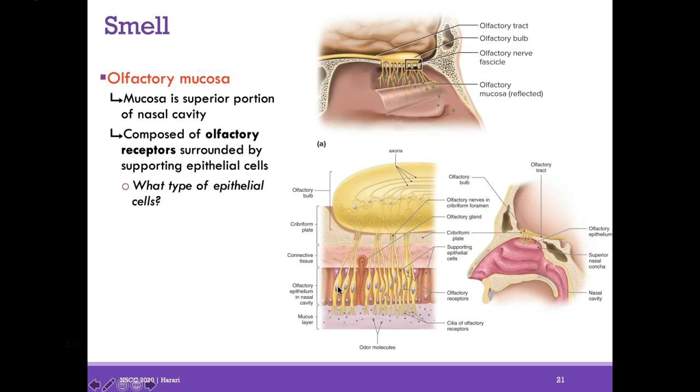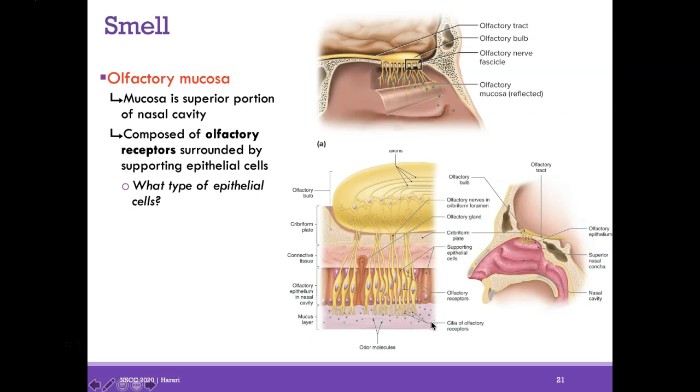And here you have the receptors that are called olfactory receptors. And they themselves have special cilia. They have cilia, and they're surrounded by supporting epithelial cells. Right? And these are columnar cells.